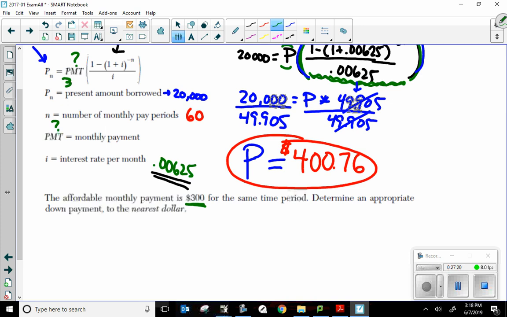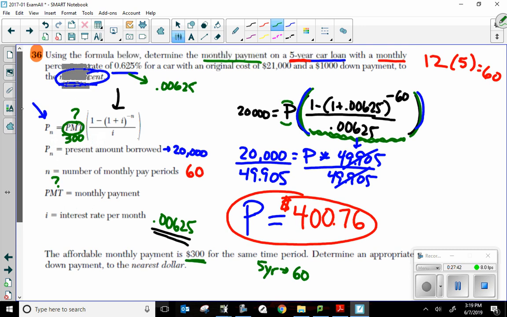The affordable monthly payment is $300 for the same time period. So that's still 5 years, which means that's still 60 pay periods. Determine an appropriate down payment to the nearest dollar, which means in order to get a $300 payment, what should my down payment be?